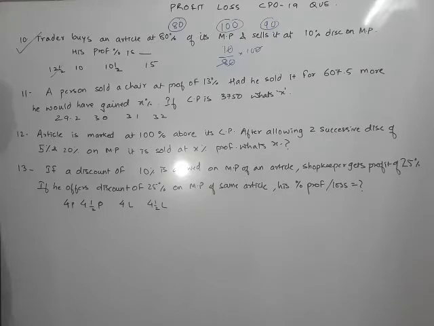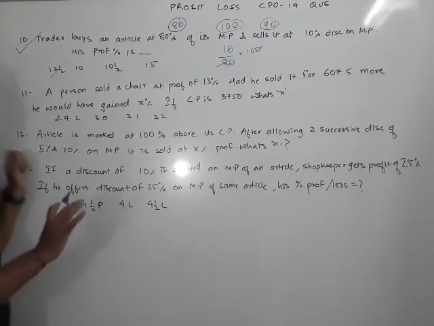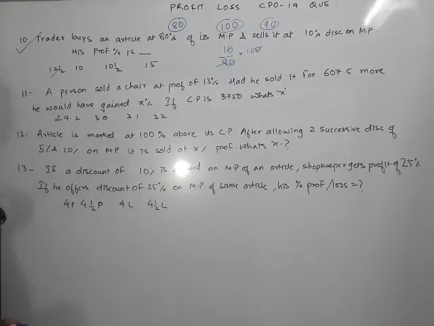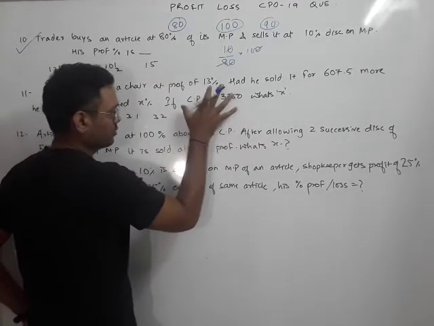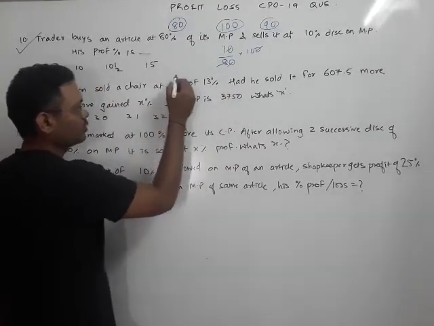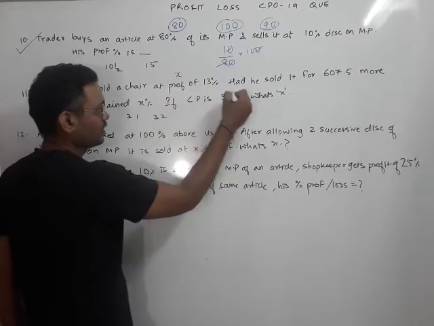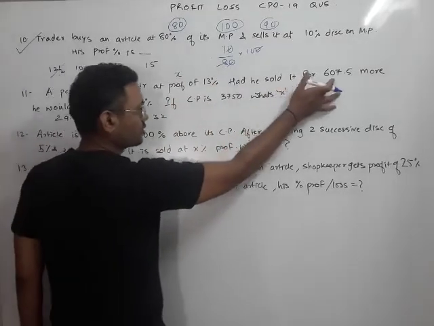Person sold a chair at a profit of 13%. Had he sold it for 607.5 more, then he would have gained X%. This sum, you learn this concept by heart. Ideally, it is supposed to be taken with the help of X and X plus this.